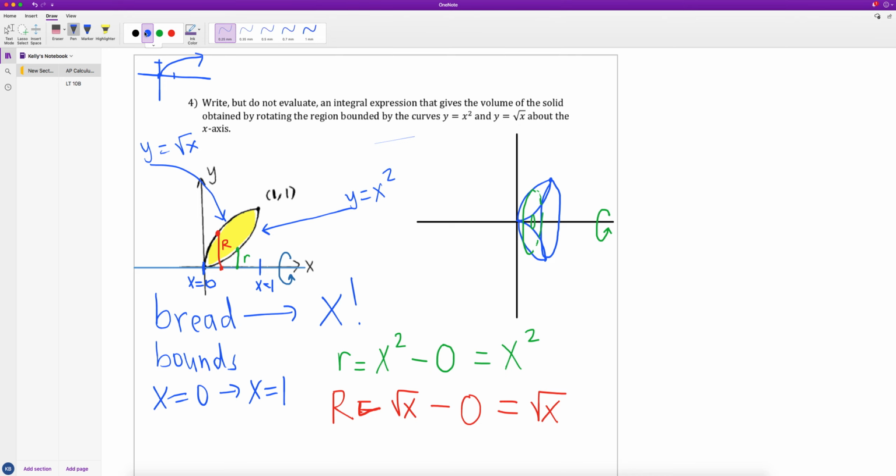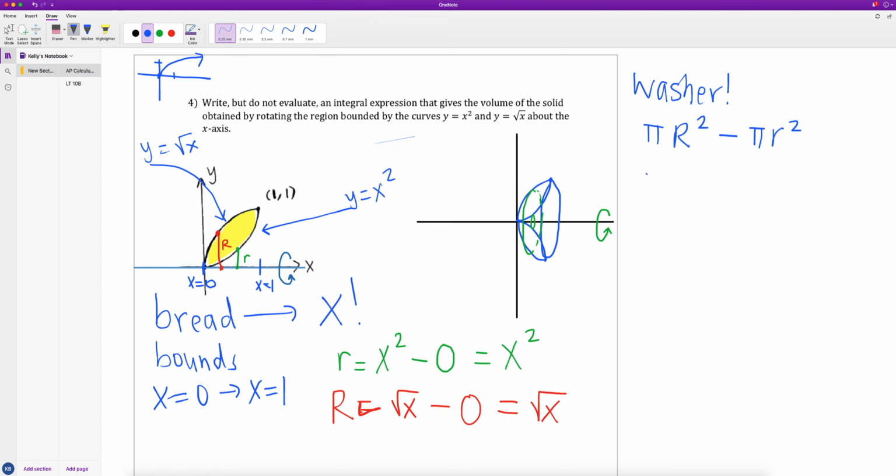Now that we have both our bounds and our two radii, and I remember that this is a washer shape, that tells me that my area of that is going to be pi times big R squared minus pi times lowercase r squared.